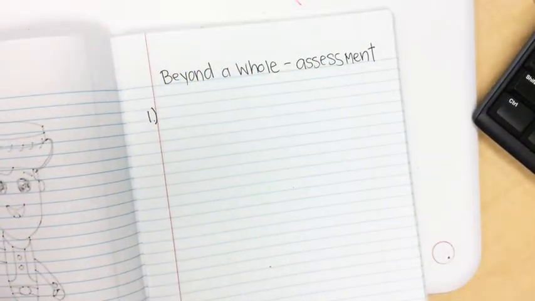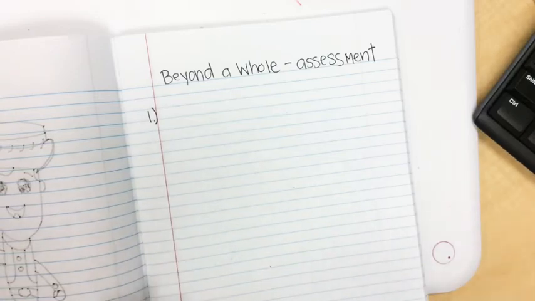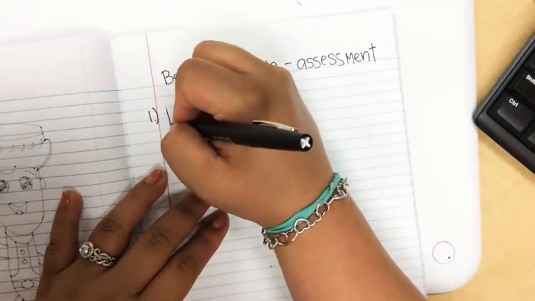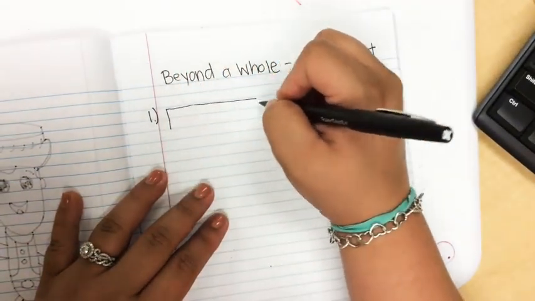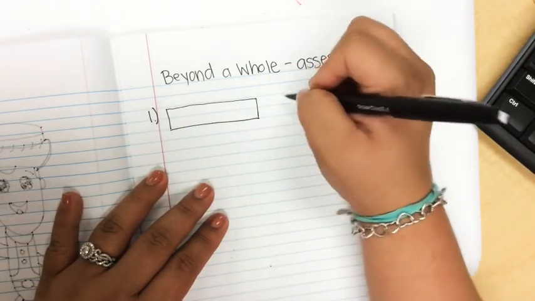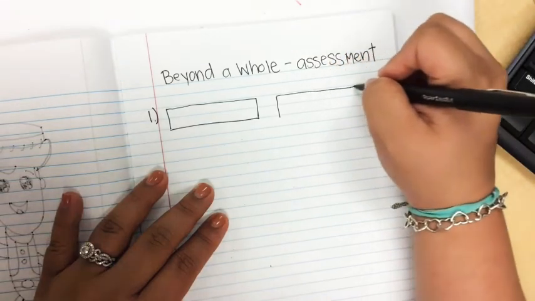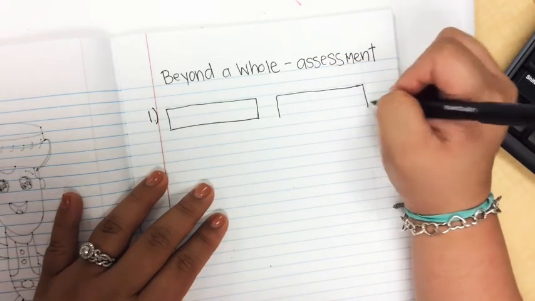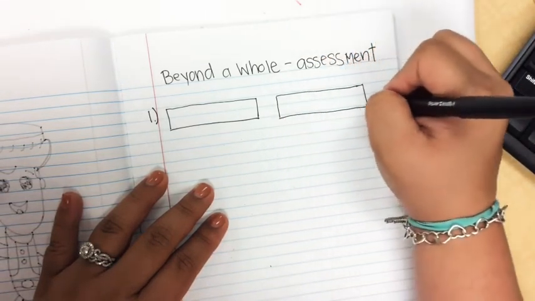We know Uncle Joe has two pieces of wood that are both cut into 8 equal parts, so let's draw the two pieces of wood that are cut into 8 equal parts.